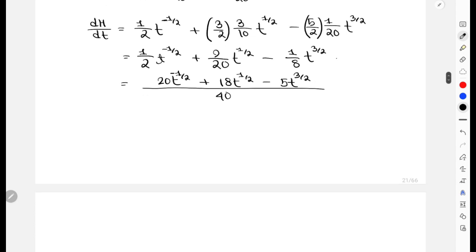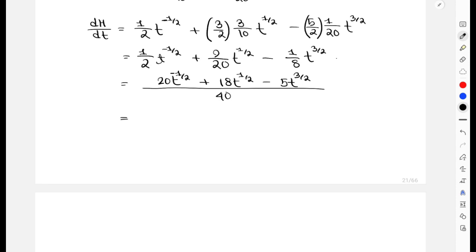From this part onward, I can take half common over here. If I take half common, this will be 1.5 minus 0.5. No, I cannot take half common, because I have to make that 1.5 as a square.